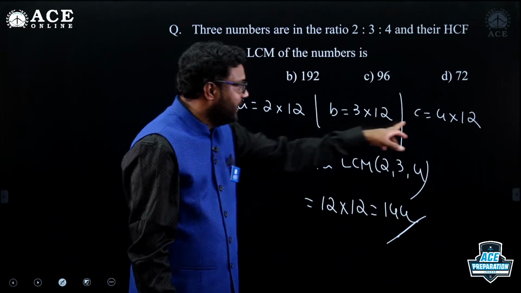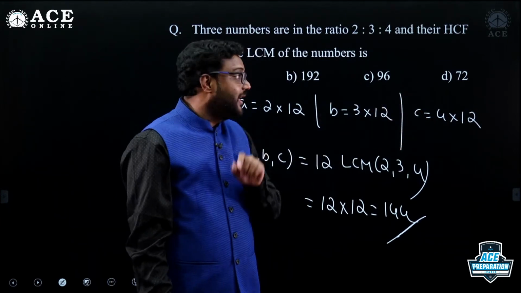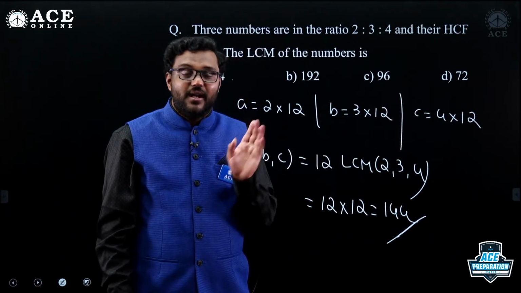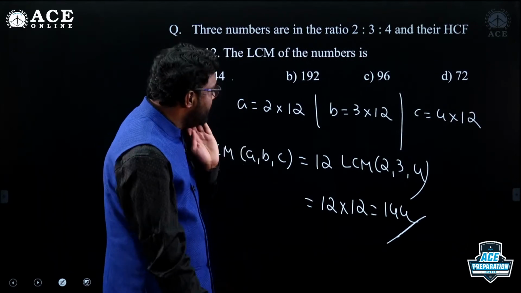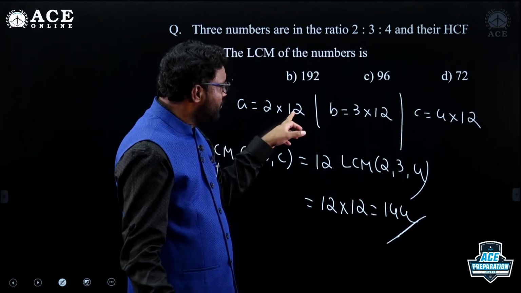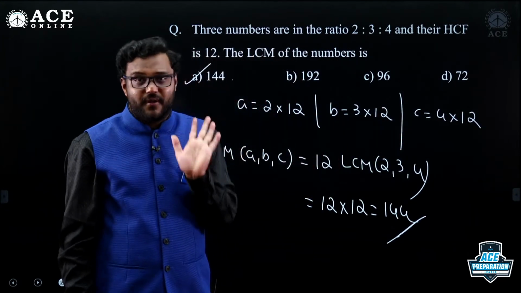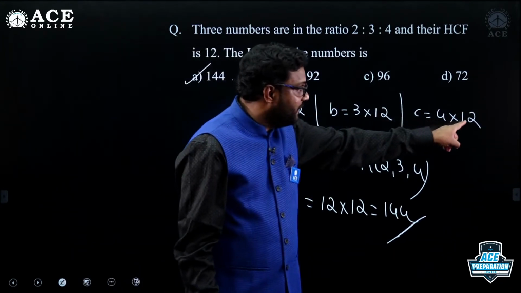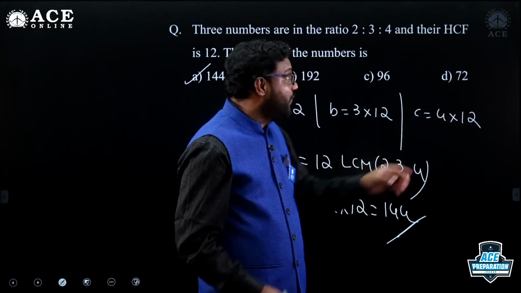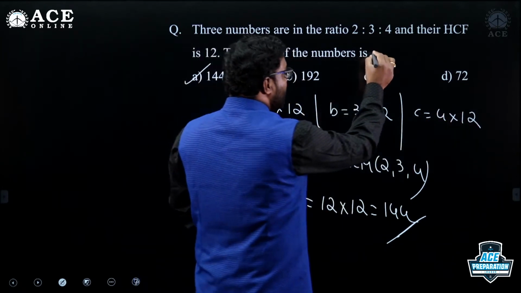Take the 12 out, or else check it out. Okay, these are the numbers, right? When you're calculating LCM, we have to involve the highest powers of all prime numbers. What are the prime numbers involved? 12 also, 2 and 3. All are 12, 2 and 3 only. The highest power of 2 will be obtained here, 4 and 4, so 2 power 4 will come. I'm just giving you the other method.